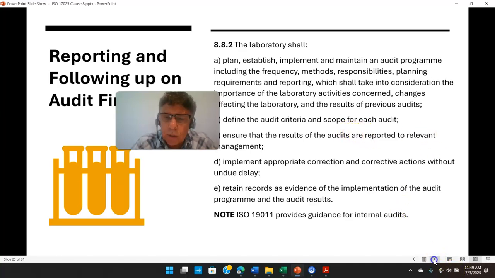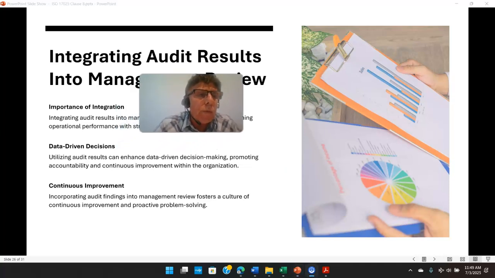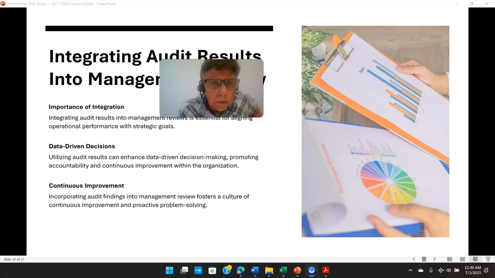So let's move on to integrating audit results into management review. So it's important that you integrate your audit results and discuss them during management review, and that you appropriately spend enough time on your internal audit during management review. Because this is the heart of your quality management system: internal audits, corrective actions, management review.